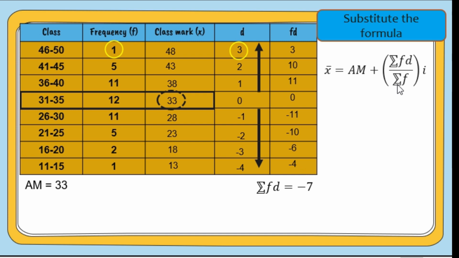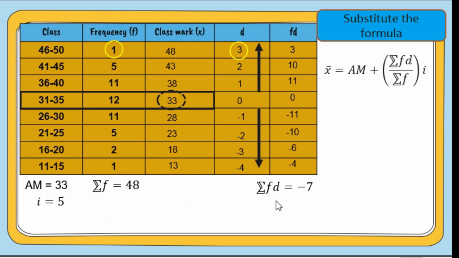The summation of f, or the summation of frequency, when we add all the frequencies, that would be 40. And the class interval is the number of categories included in the classes. So we have, for example, 11 to 15, that would be 11, 12, 13, 14, and 15. So therefore, there are 5 categories involved in each class interval. Therefore, the class interval is equal to 5.